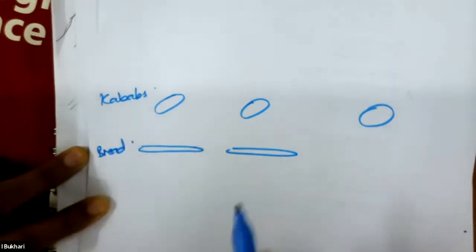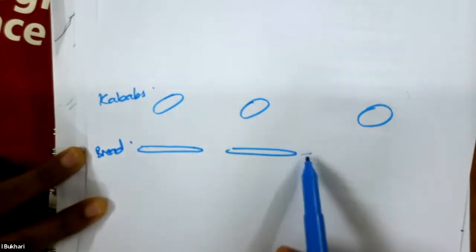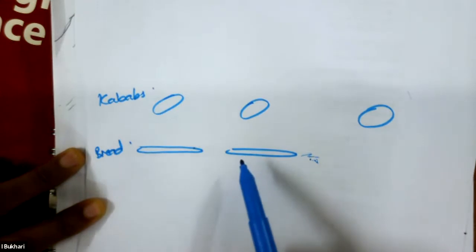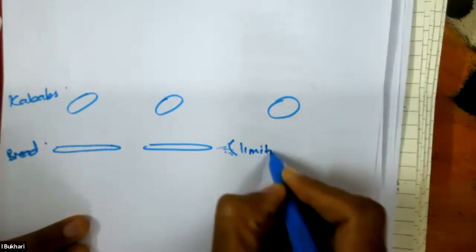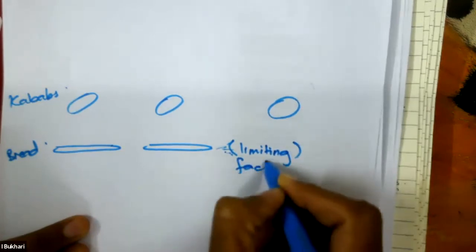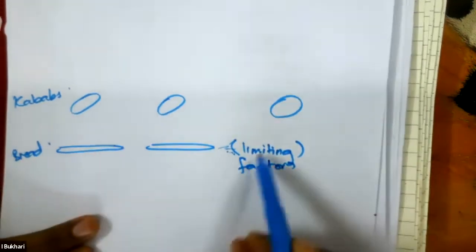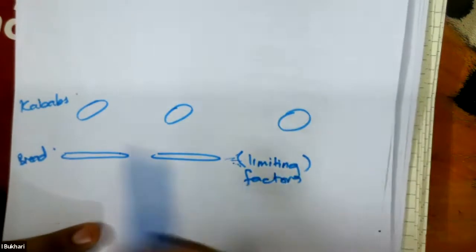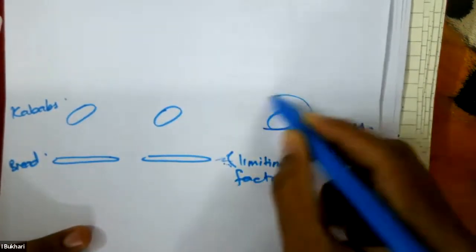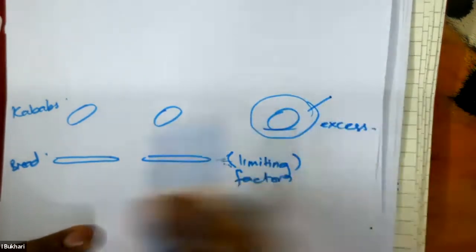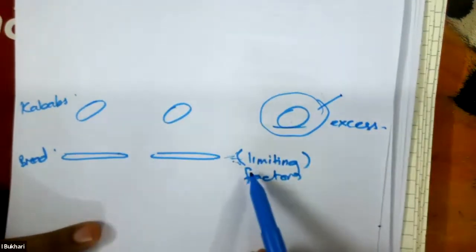So that means this is called a limiting factor. Bread is the limiting factor here in this example, and kebabs are in excess. So one will be left. This is in excess and this is the limiting factor.